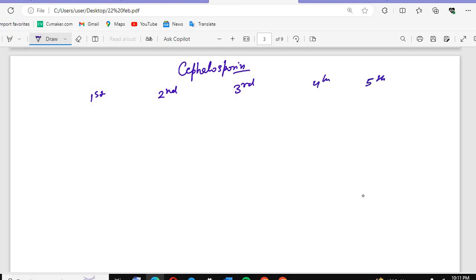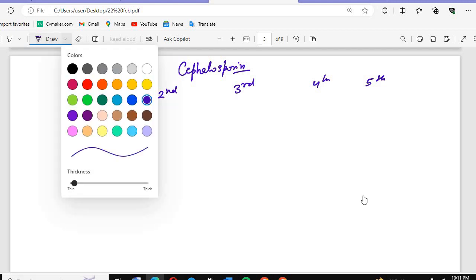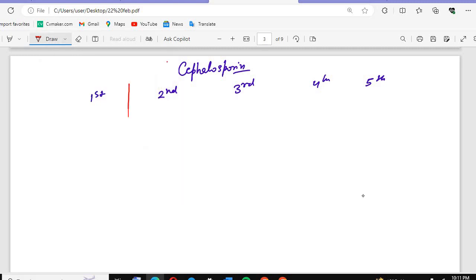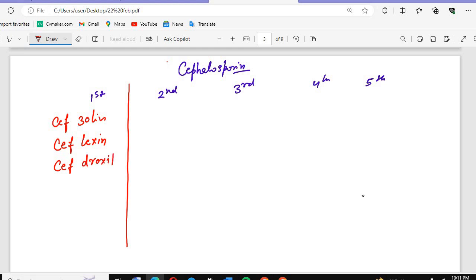You just need to remember the keywords for these drugs. In the first generation, we have cefazolin, cefalexin, cefadroxil, and cephaloridine.